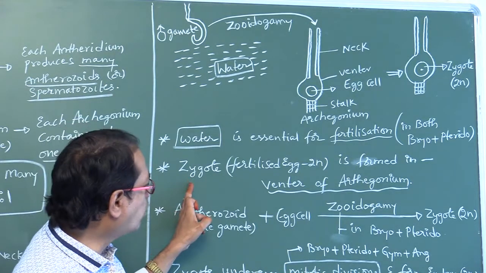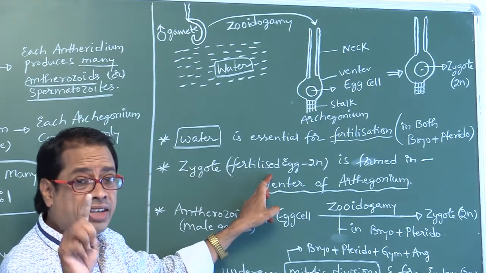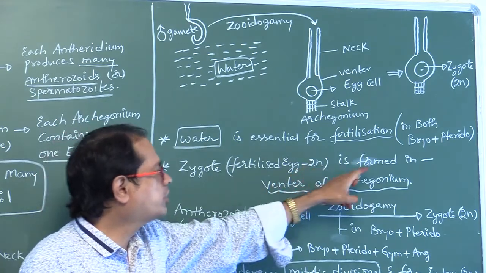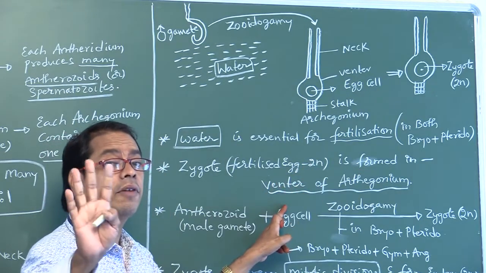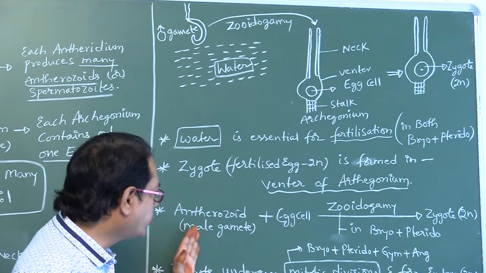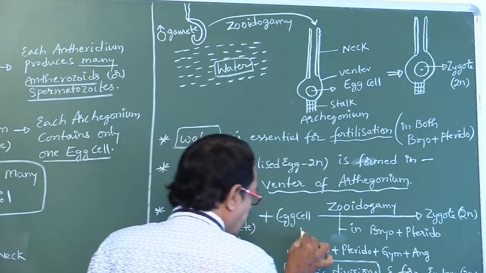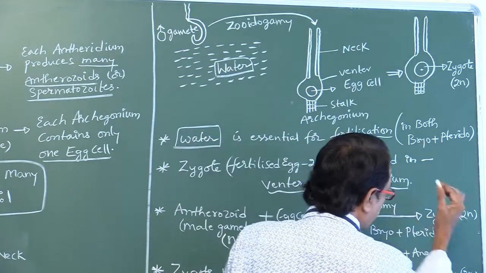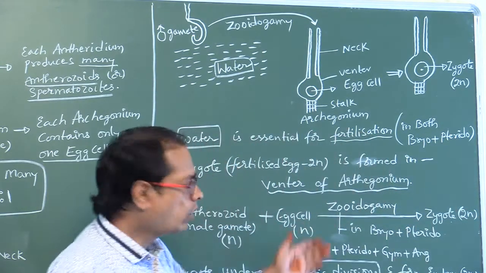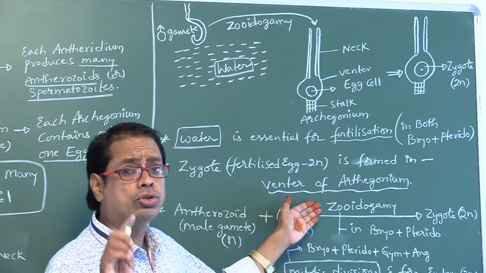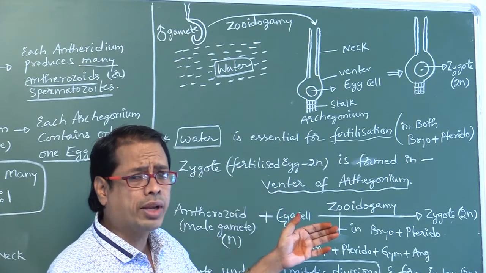Next, the zygote, which is also called the fertilized egg. Its ploidy is 2n, and it is formed in the venter of the archegonium. Antherozoid plus egg cell: this is haploid, this is also haploid, and finally the zygote is formed, that is 2n. What type of oogamy is found? Zoidogamy.